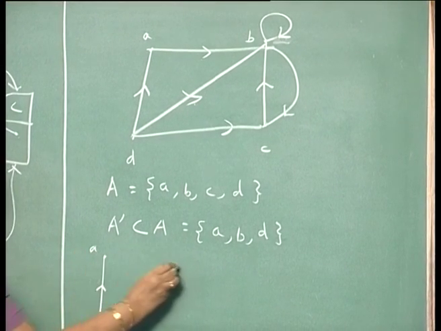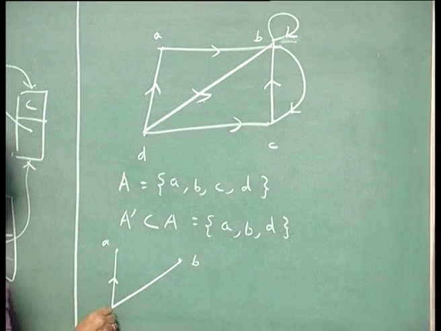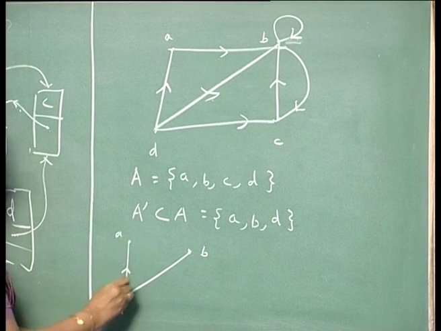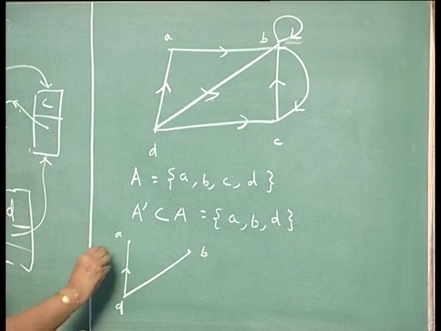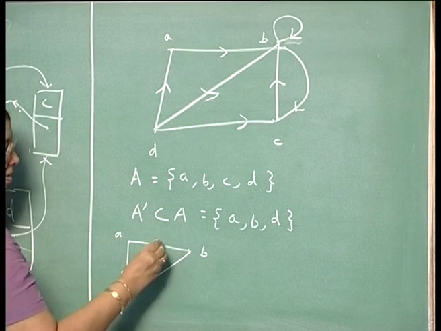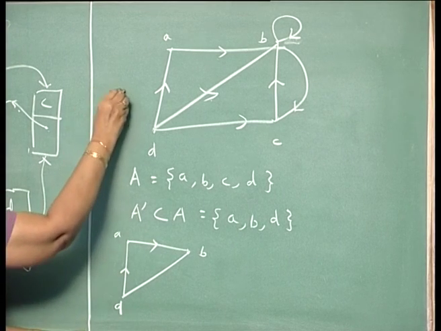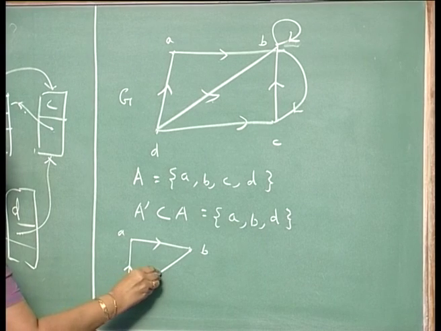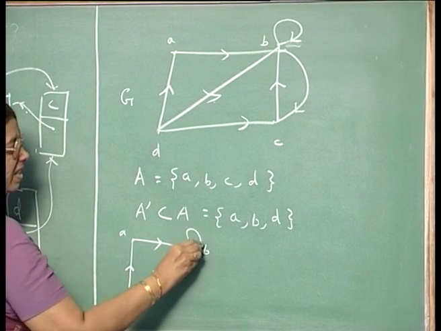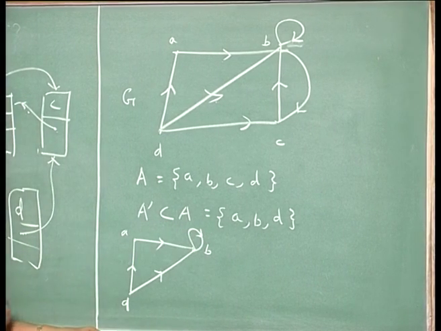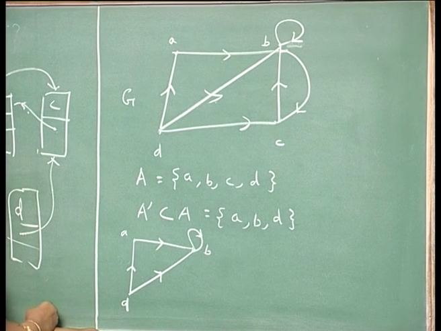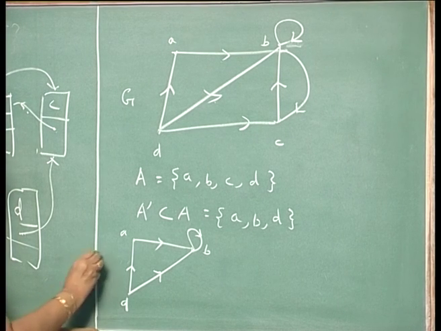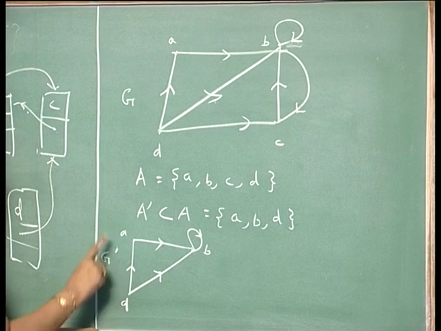You consider the nodes which are present in A dash and all the edges between them which are originally in the graph G. This is G, and A, B, this is directed like this. This is G dash, called the subgraph.